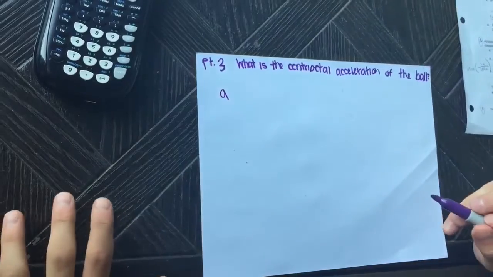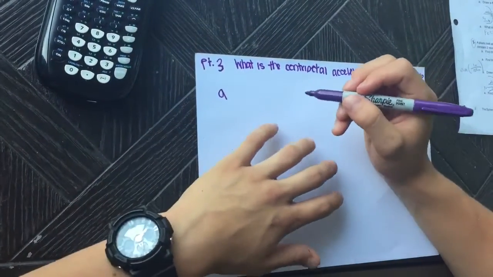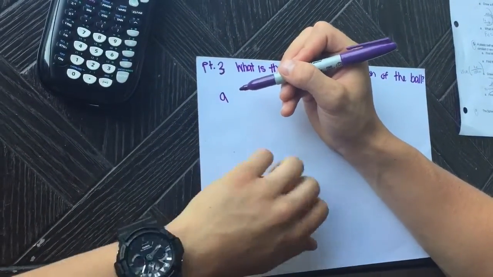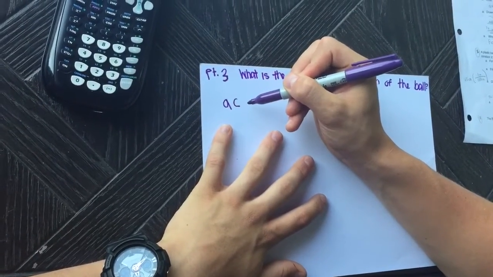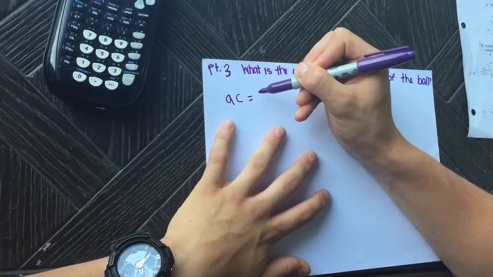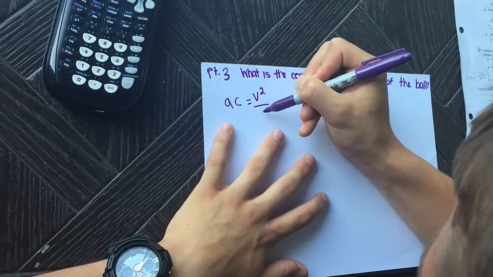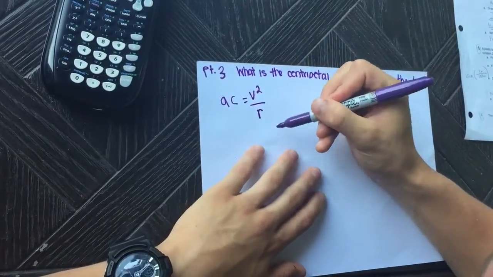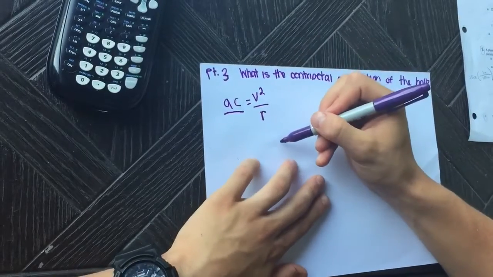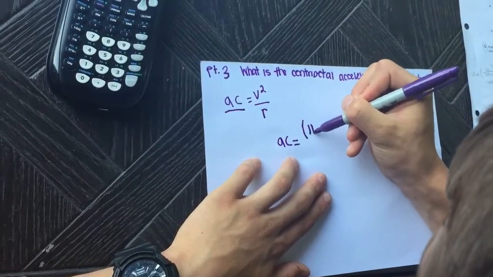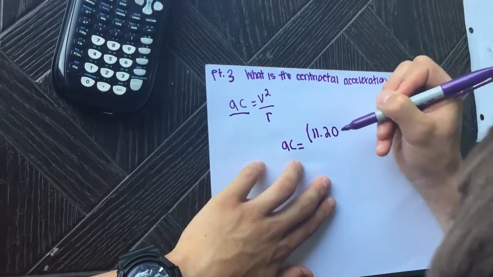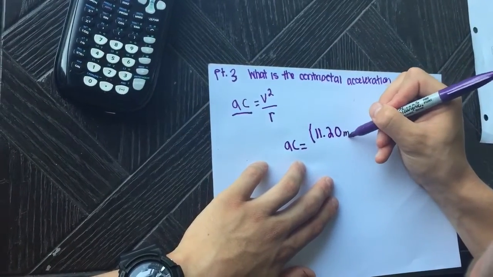Part 3. What is the centripetal acceleration of the ball? For this question, I use the formula AC, which is centripetal acceleration, equals V squared over R. AC equals the velocity we found in the last question, which is 11.20 meters per second.